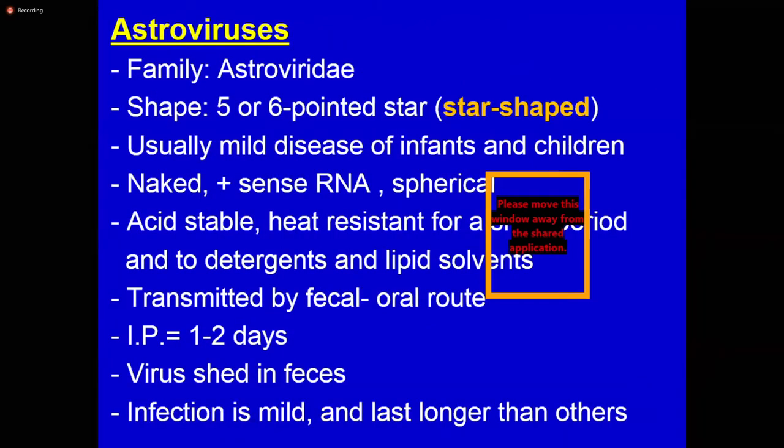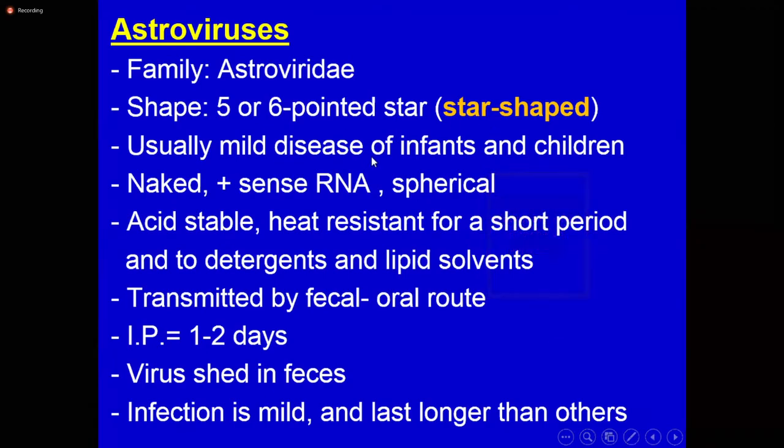Astroviruses, star-like, family Astroviridae. Shape: it has 5 to 6 pointed stars. Usually it causes mild disease in infants and children.